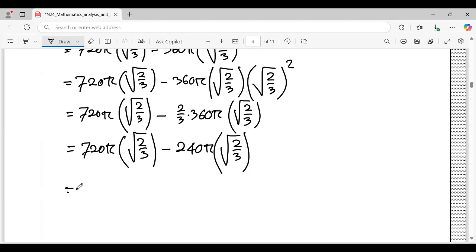Okay. Next, 720 minus 240, that is 480 pi square root 2/3. So if we look the question, this is phi.